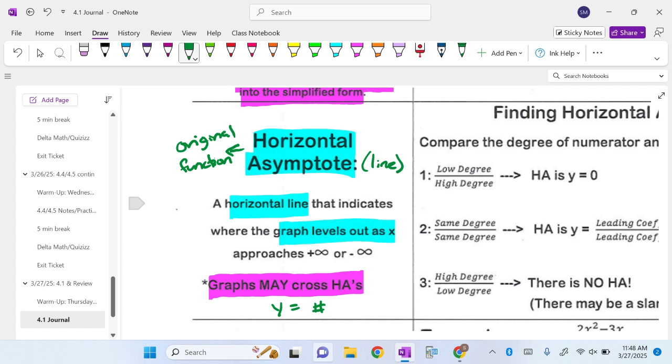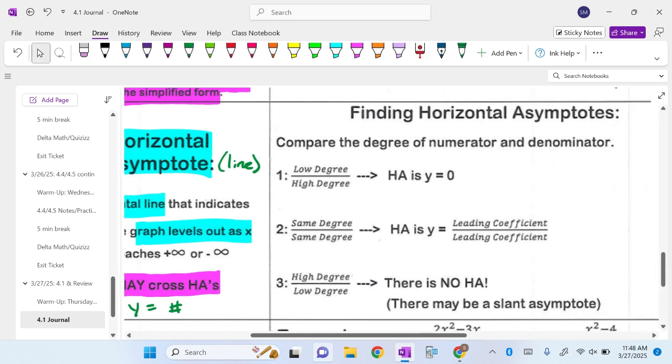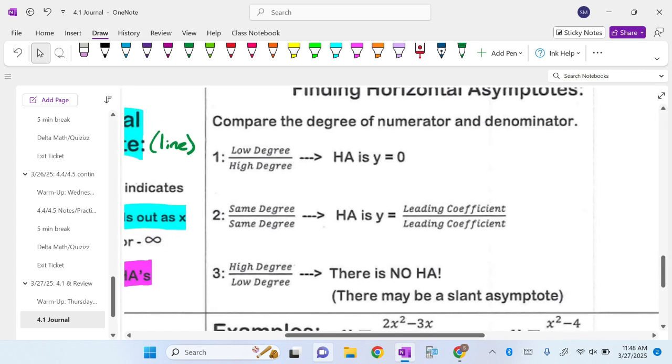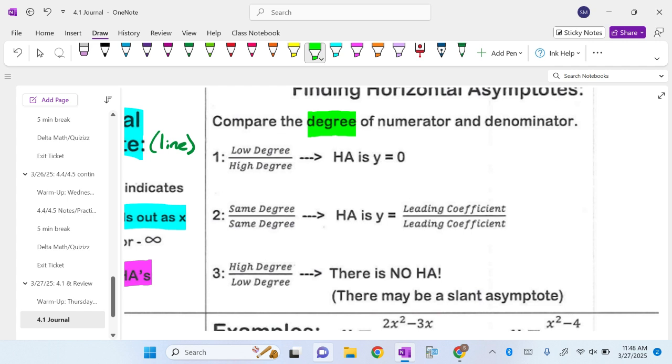Now, there are three circumstances that will give us our horizontal asymptote, based on these rules. The first case is all based off of the degree of the numerator and denominator. Who remembers what degree means? If we're looking at the degree of a function, what are we looking at? The highest exponent. So the highest exponent in the numerator versus the highest exponent in the denominator.